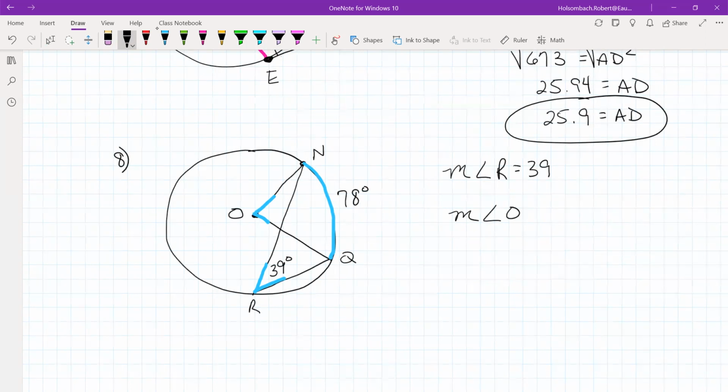So if arc NQ equals 78, and angle O here is a central angle, then those two have the same measure, don't they? So angle O is 78 degrees as well. Angle R is an inscribed angle, which is half the measure of its arc. Angle O is a central angle, which is the same measure as its arc.